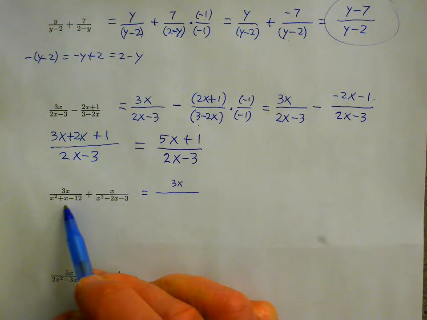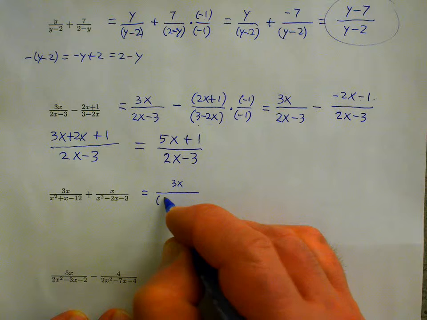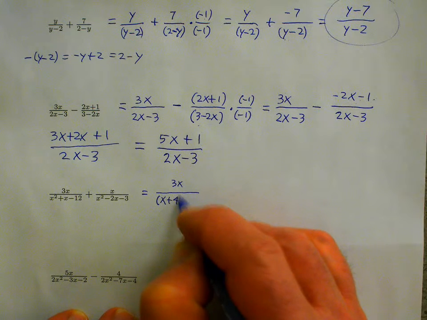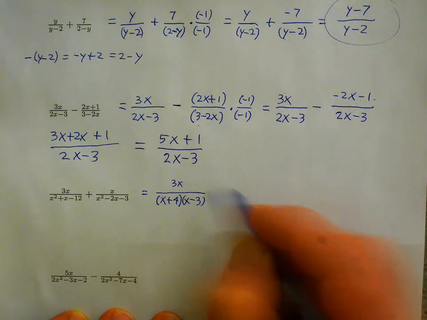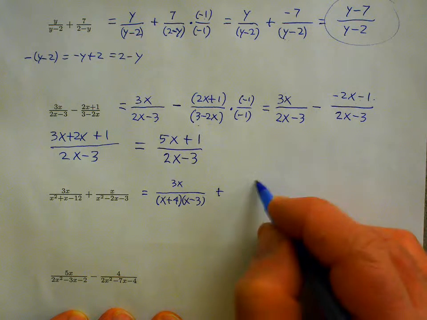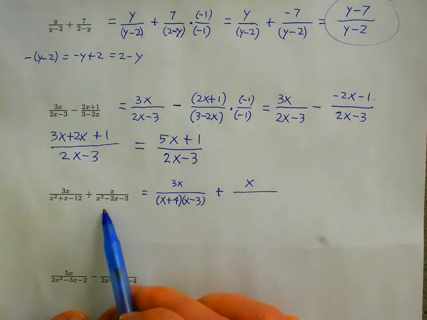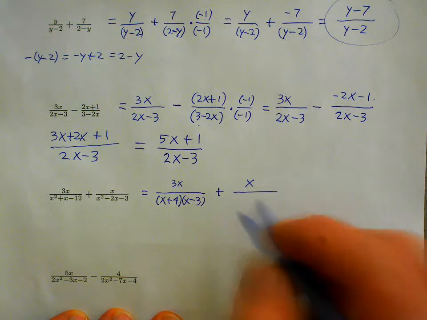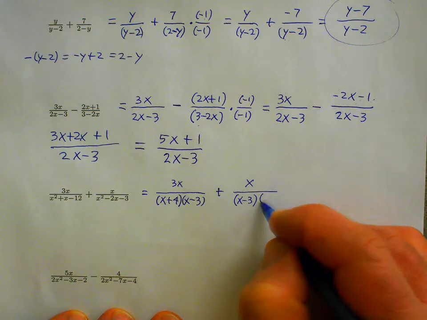X squared plus x minus 12: one factor is x plus 4, the other one is x minus 3. And then in the other rational expression, x squared minus 2x minus 3, one factor is x minus 3, the other one is x plus 1.